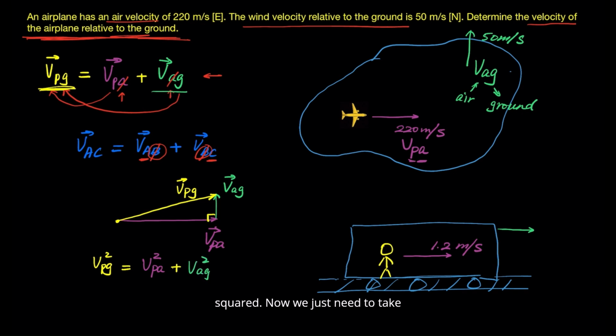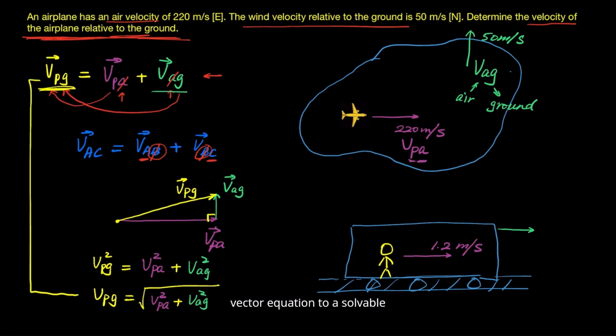Now we just need to take the square root of both sides to get our final velocity. VPG is the square root of VPA squared plus VAG squared. Now we have turned this vector equation into a solvable algebraic equation.